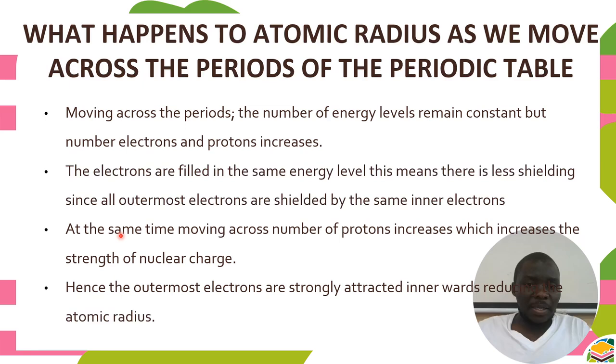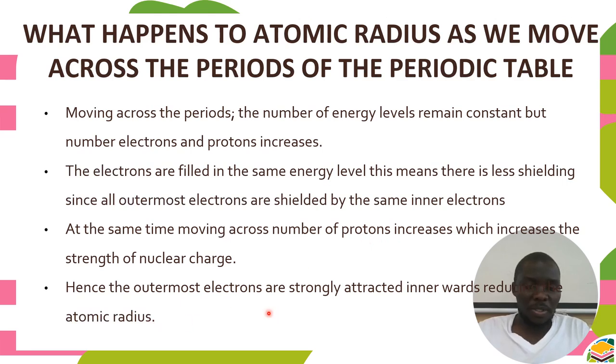At the same time, moving across, the number of protons is increasing. If the number of protons is increasing, it means the nuclear charge increases its strength. So the outermost electrons are going to be strongly attracted because the nuclear charge is now stronger.